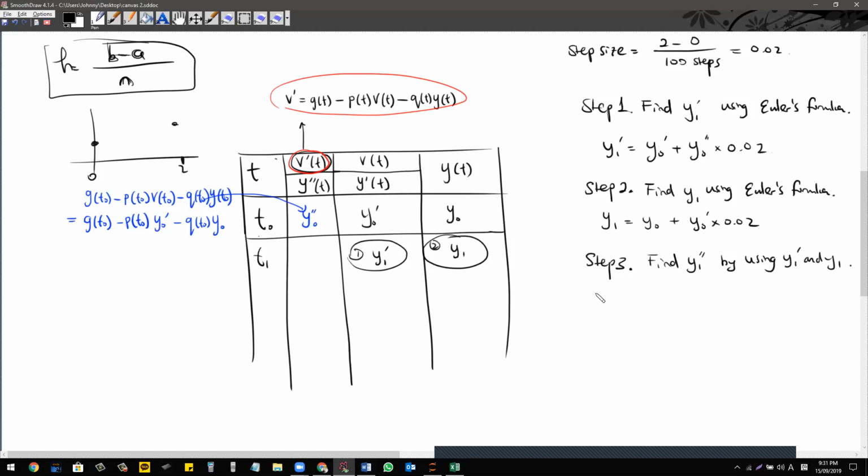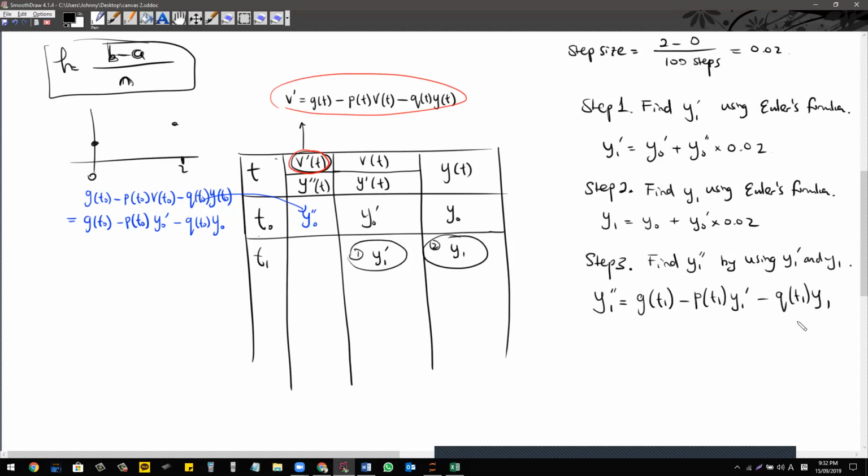Using this formula, you know that y1 double dash equals g of t1, minus p of t1 times y1 dash, minus q of t1 times y1, okay? Does that make sense to you? Yeah.